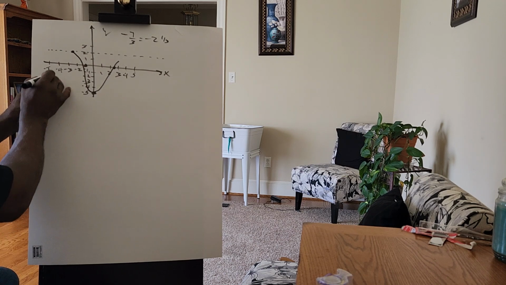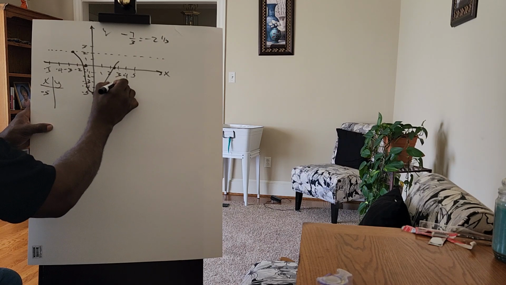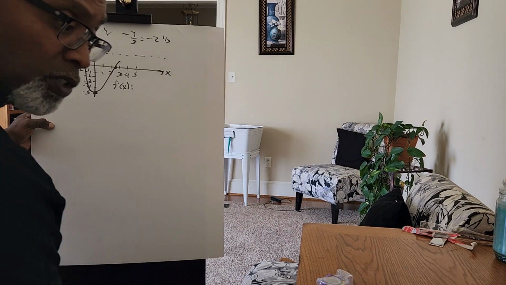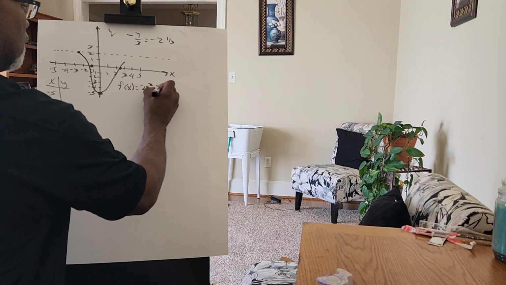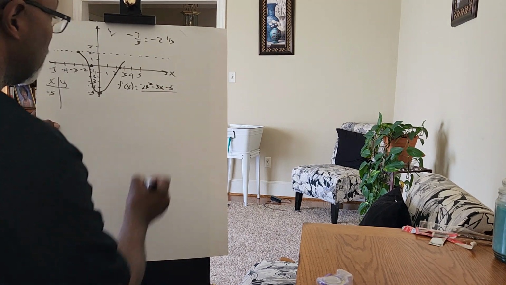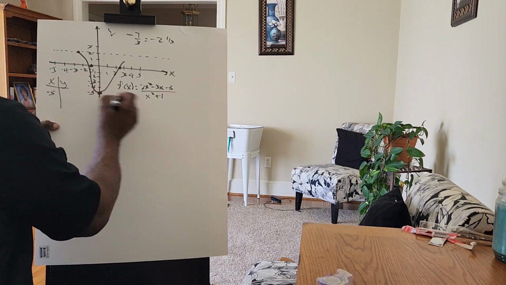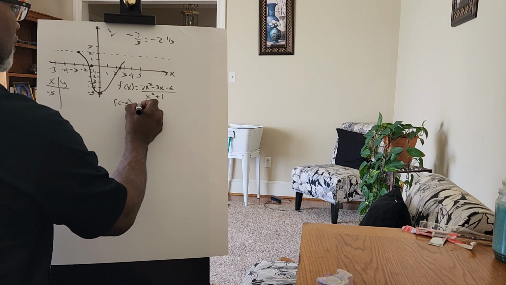Well, check some points. So do your t-chart. And maybe let's check x equals -5. So my function, f of x, was 2x squared minus 3x minus 5 all over x squared plus 1. So I just put a -5 in here. So f of -5, everywhere I had an x, I put a -5.